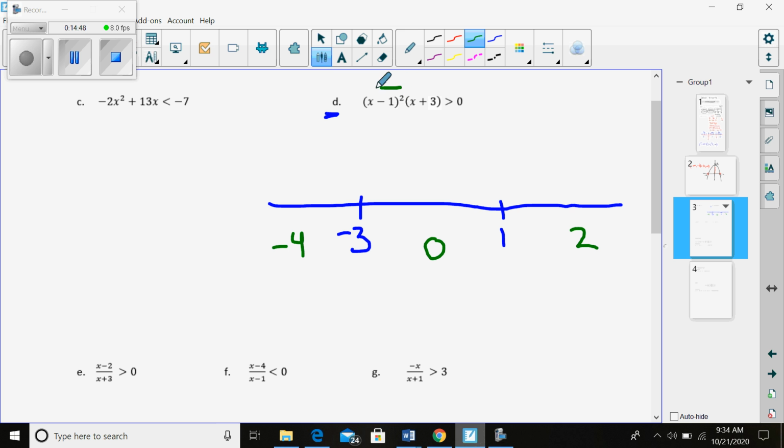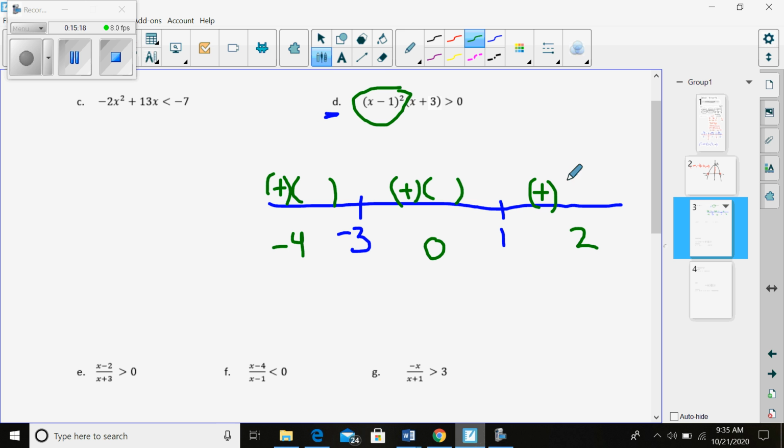Okay, so these are the values that I'm going to test. And look at this part. When I square something, squaring something always makes it positive. So I know my first factor is always going to be positive because it's squared. So really, I just have to see what's going on when I plug each of these test values into the part x plus 3. Okay, so you try that.